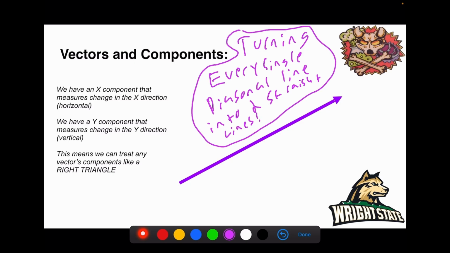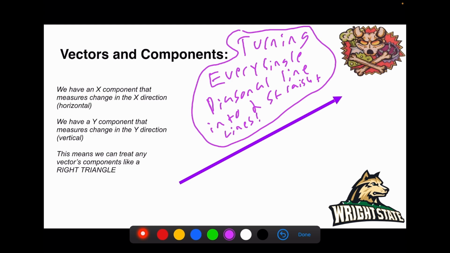This is massive. This is super useful because if we turn any diagonal measurement into two straight lines, we can greatly simplify the math we have to do in any situation by making everything one-dimensional. Any two-dimensional situation, we can just turn into two one-dimensional lines and then treat them separately like they're one-dimensional lines. That makes the math way easier.